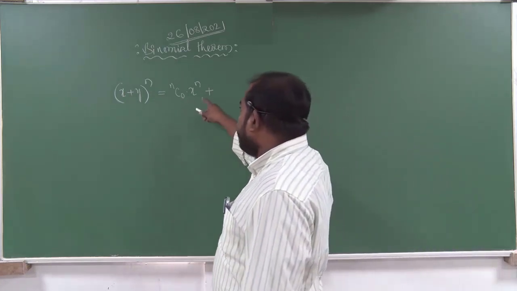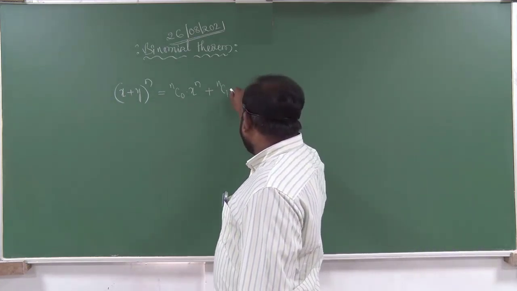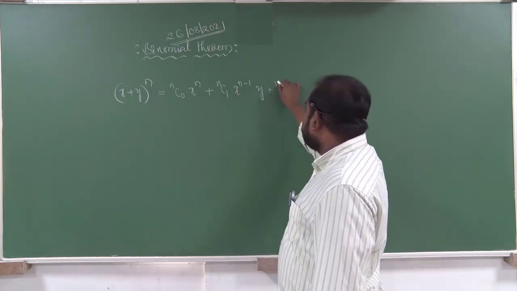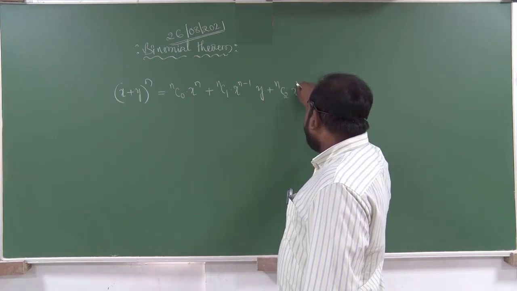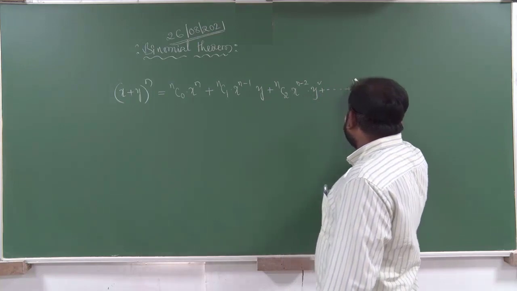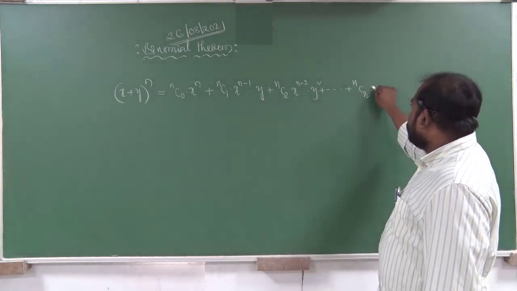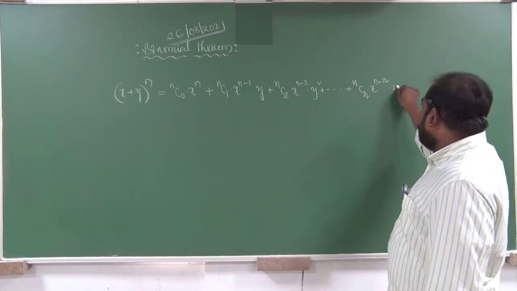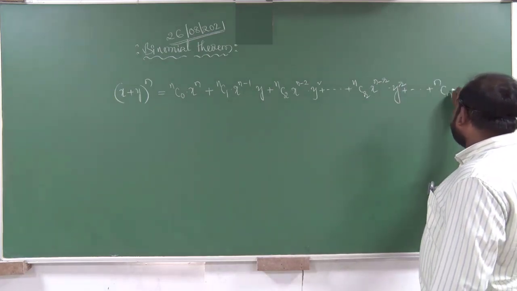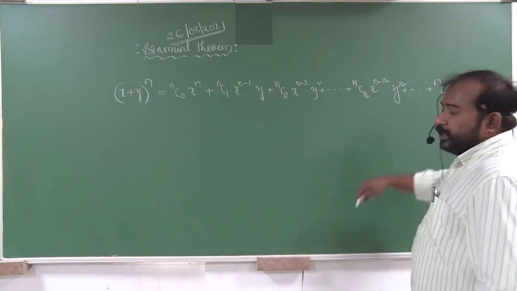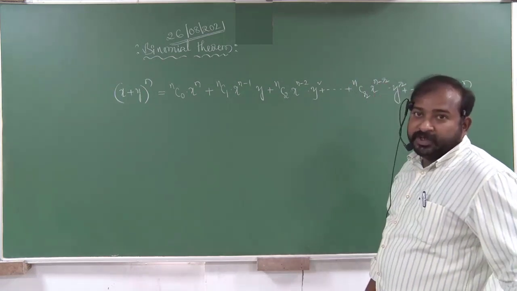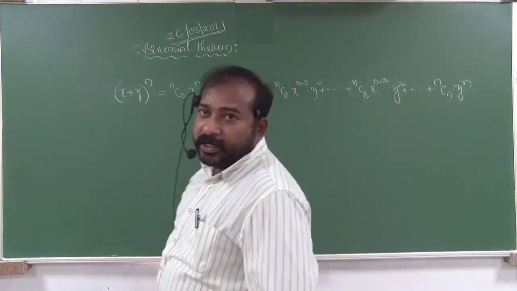So here nC0 x power n, next value nC1 into x power n minus 1 into y, plus nC2 into x power n minus 2 into y square, plus so on, plus nCr into x power n minus r into y power r, plus last value nCn into y power n. Okay, this is the binomial theorem for positive integral index.